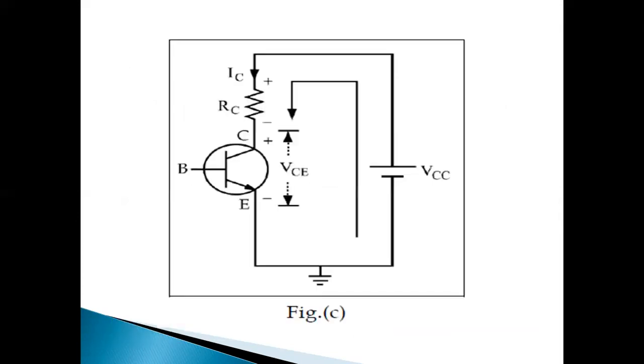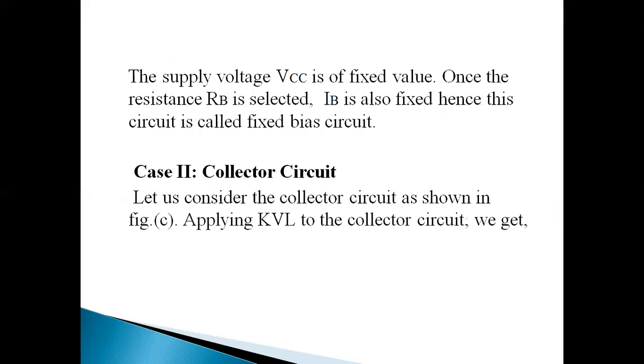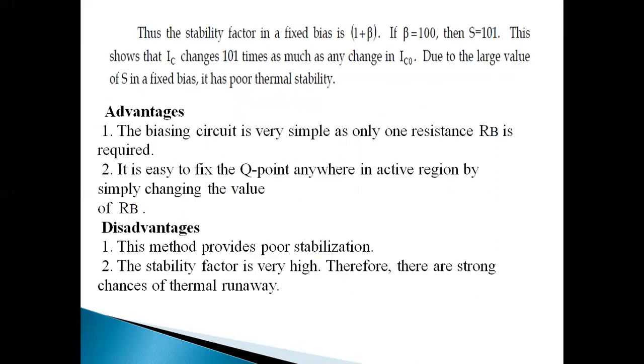In the fixed biasing circuit, we are going to use only one power supply, that is VCC. With this one power supply, we make the input base region forward biased and the output collector region reverse biased. But this type of fixed biasing network has one disadvantage, that is it provides poor stabilization. Because of this, it is very rarely used.